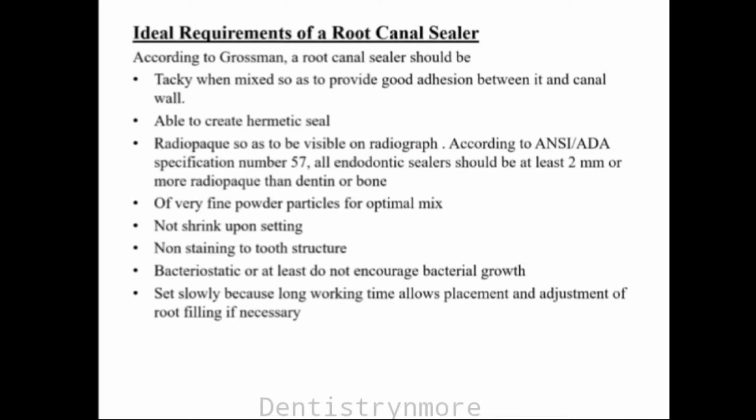Next one is ideal requirements of a root canal sealer. Some of the requirements are: it is tacky when mixed, so as to provide good adhesion between it and canal walls. It is able to create a hermetic seal. It is radiopaque, so it is visible on the radiograph.